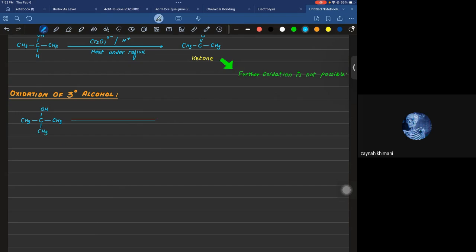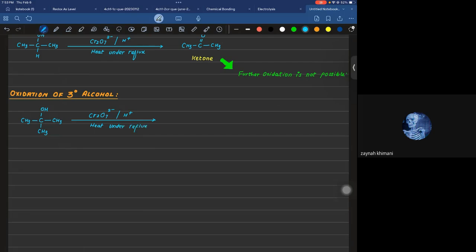I'm going to oxidize it. I'm taking the same thing, you don't have to change the oxidizing agent. So this is /H+, and we are heating it, heat under reflux.